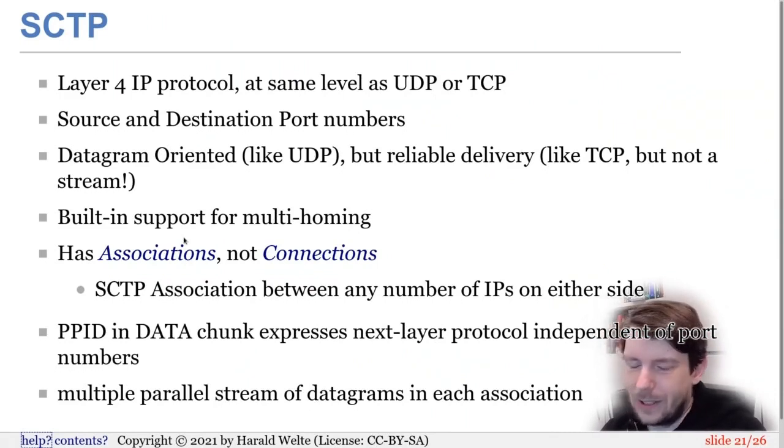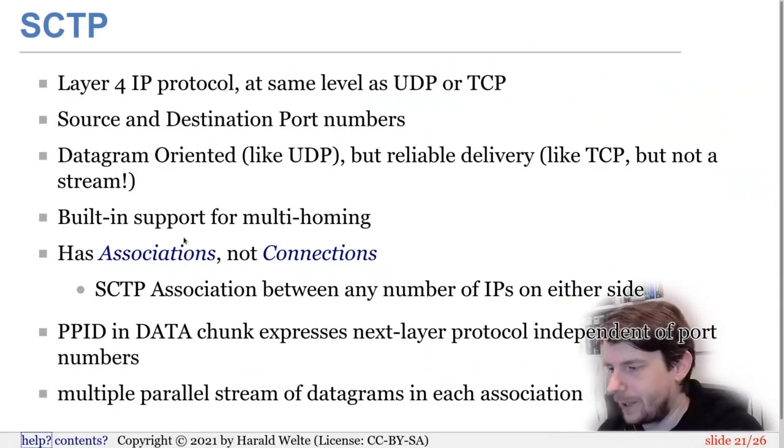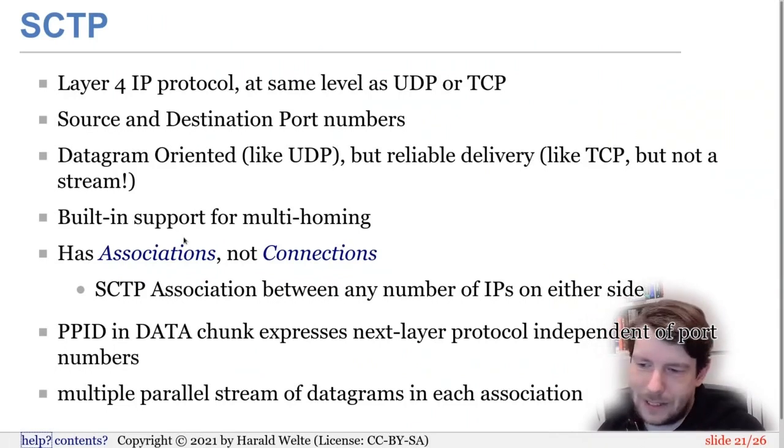All of those IPs have to belong to the same host on both sides, of course, but you can have any number of IP networks with any number of different addresses in between. If some of those IP networks fail, it will transparently continue to work over those that remain. So that's a bit of the link set idea in SS7 translated to IP networks.